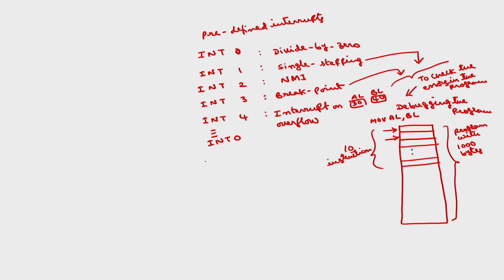Then we have some interrupts which are used for future purposes. Interrupts INT5 to INT31 are reserved for future use by Intel.